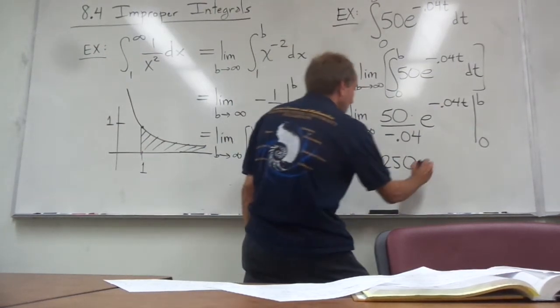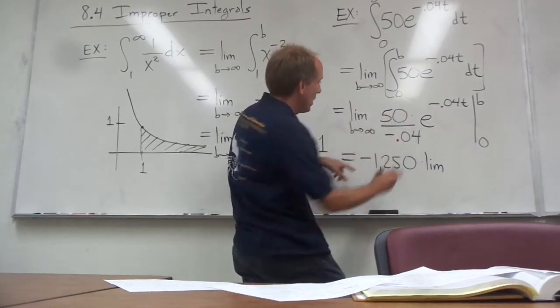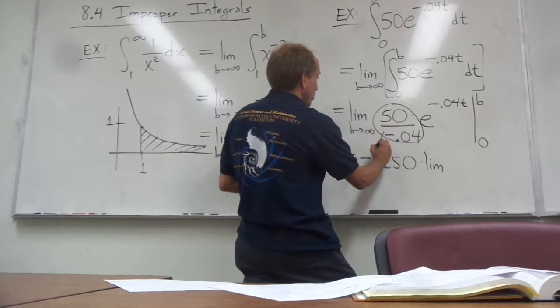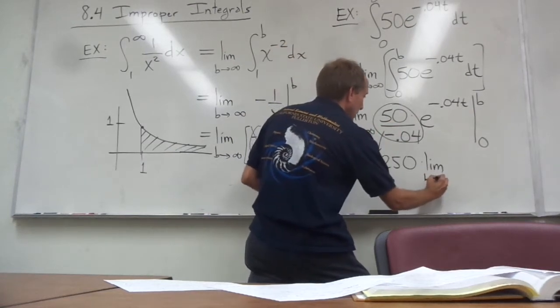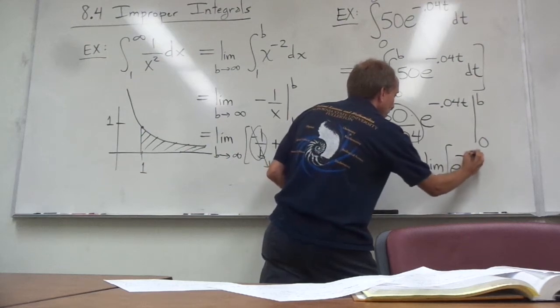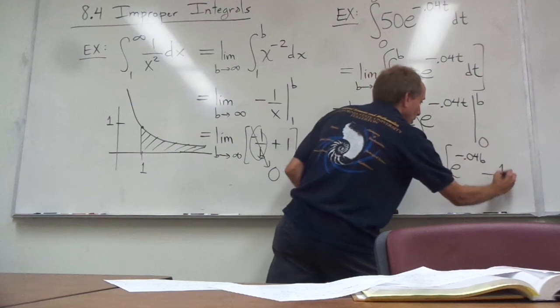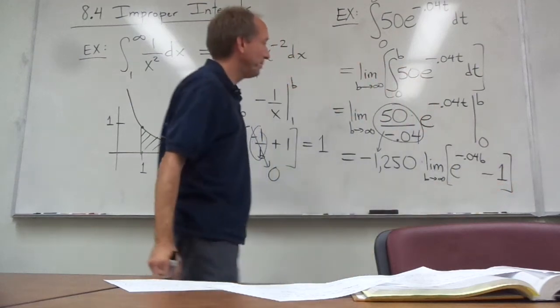Then we're going to take the limit. I'm just pulling that constant out in front. We still have to take the limit as b goes to infinity of e to the negative 0.04b minus e to the 0, which is 1.